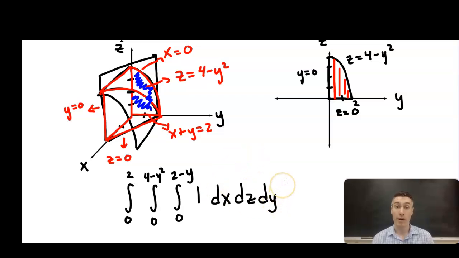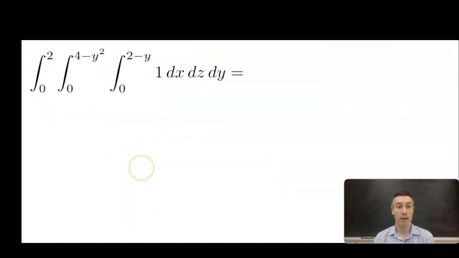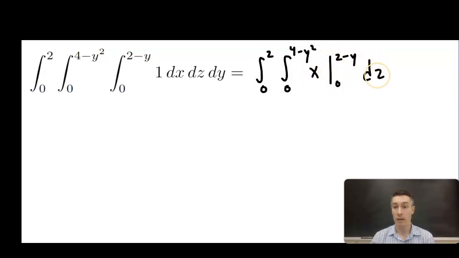Now this one we're going to integrate out since we'll use this value in another example. So I have that integral set up for us. So 1 dx dz dy, and you see all the bounds in place. So we'll integrate. 0 to 2, integral from 0 to 4 minus y squared of x, evaluate that from 0 to 2 minus y, dz dy.